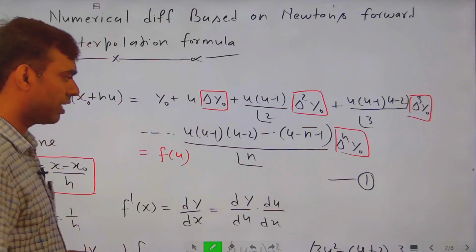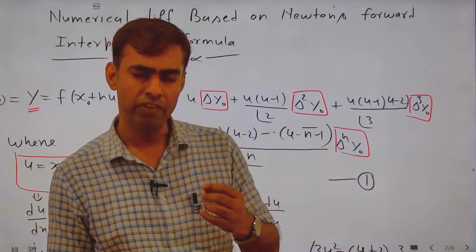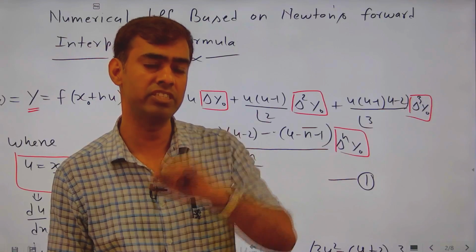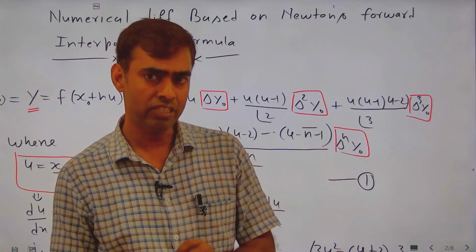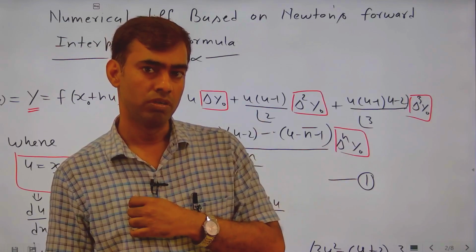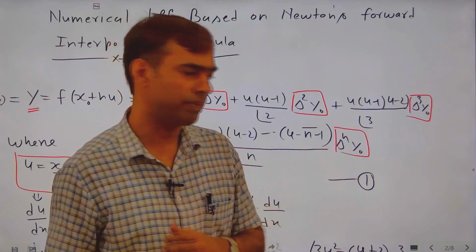Another very interesting thing: if we try to find the value near the initial starting point at x0, or the last value at xn, or a middle value at x0, what will happen here?